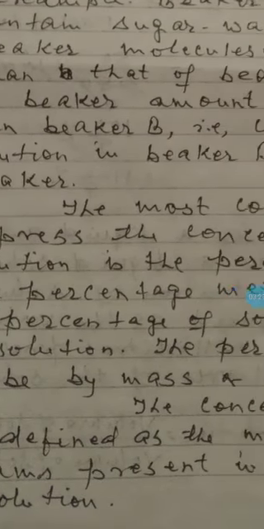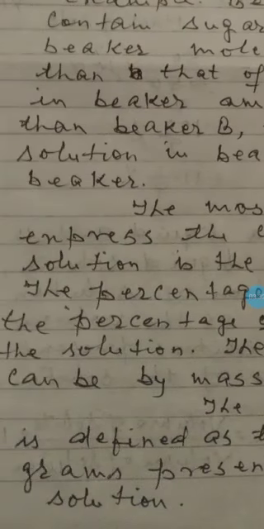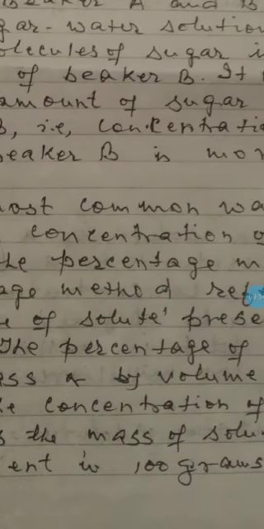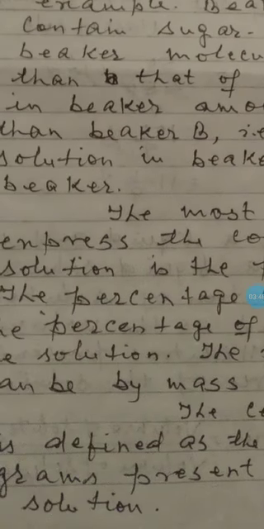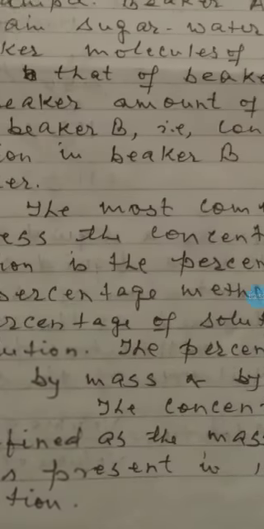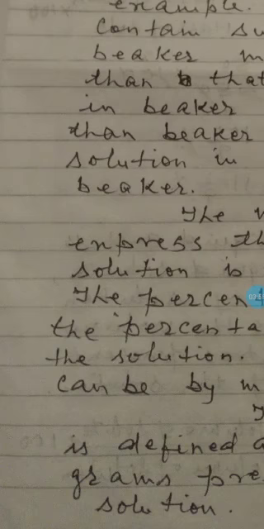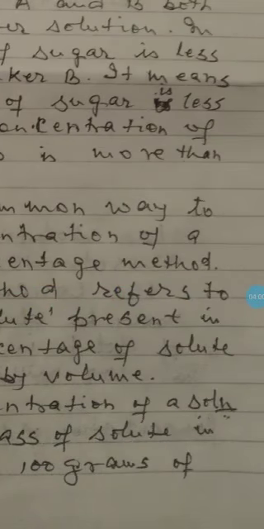The percentage method refers to the percentage of solute present in a solution by mass or by volume. In both ways we can express it. The concentration of a solution is defined as the mass of solute in grams present in 100 grams of solution.